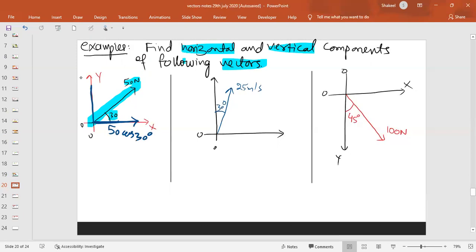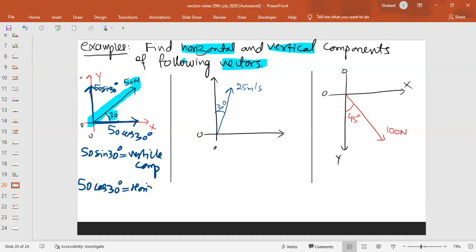And the other component which will be along Y-axis, it will be 50 sine 30. So you'll just calculate these values using the calculator, like 50 sine 30. This will be vertical component. And 50 cos 30, this will be horizontal component.